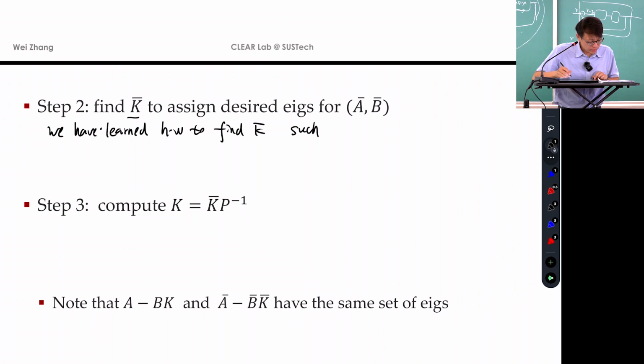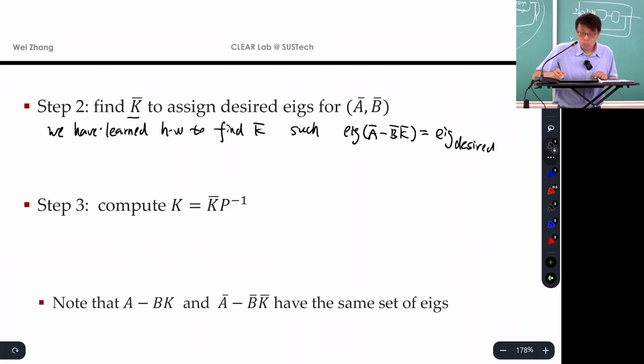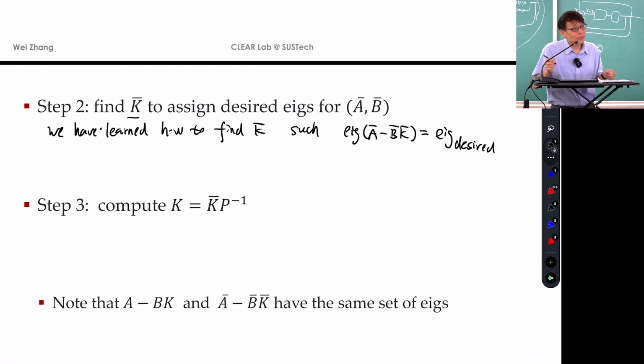So such that eigenvalues of A bar minus B bar K bar equal the eigenvalues desired. No matter what you desire, you just tell me, I can tell you K bar to achieve this.